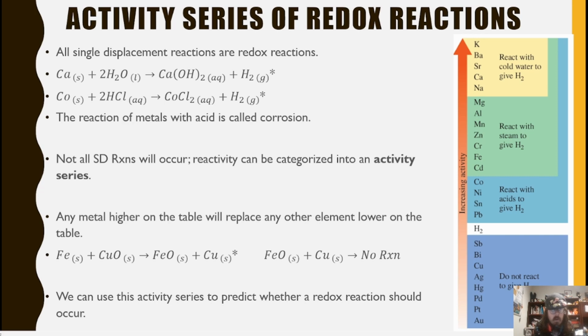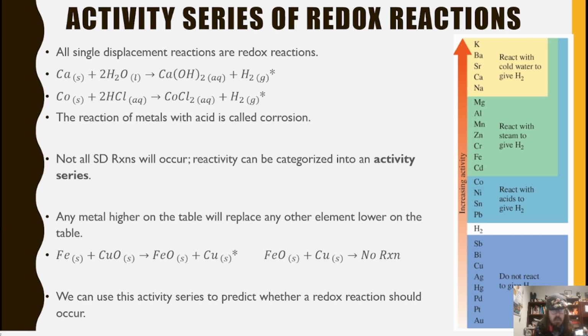Cobalt will not react with water, but cobalt will react with HCl, which is a strong acid, to form cobalt chloride and hydrogen gas. These reactions are an example of corrosion. Now, not all single displacement reactions will occur. They are categorized into activity series.